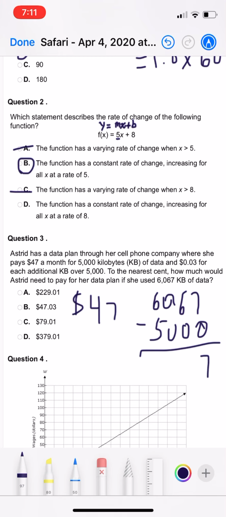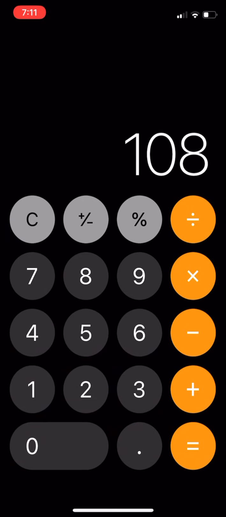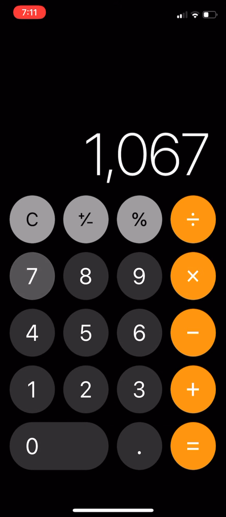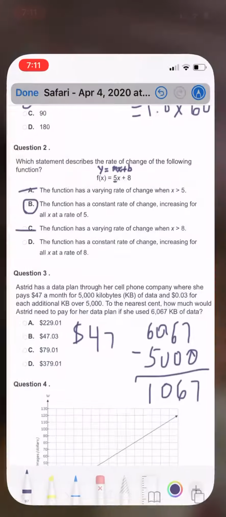So she went 1,067 kilobytes over her allotted data. So she pays 3 cents for each one of these. So I have to take 0.03 and multiply that by the amount of kilobytes she went over. And I get 32.01.